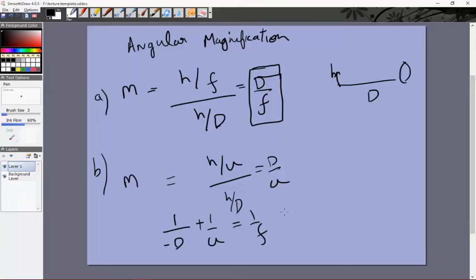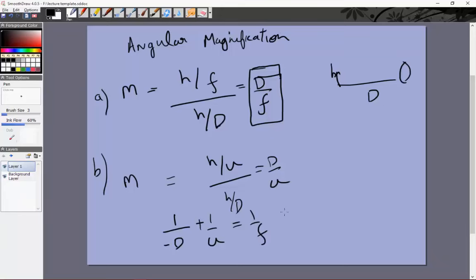What does that give me? You take this here, 1 by u is equal to 1 by d plus 1 by f, or d by u is equal to d by f plus 1, right? So this is equal to d by f plus 1.